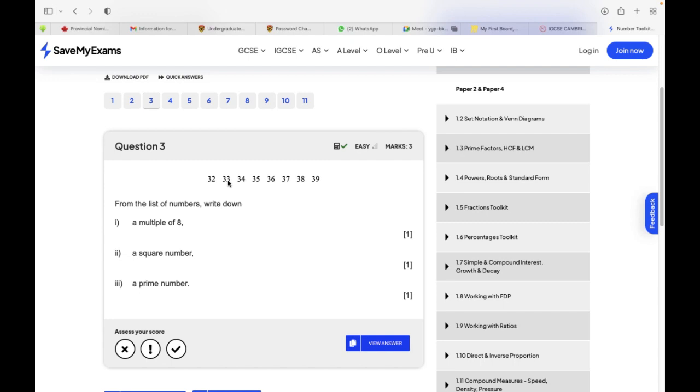33 is not. In fact, it's even an odd number. 34 is not. 35 is not. 36 is not. 37 is not. 38 is not. And 39 is not.